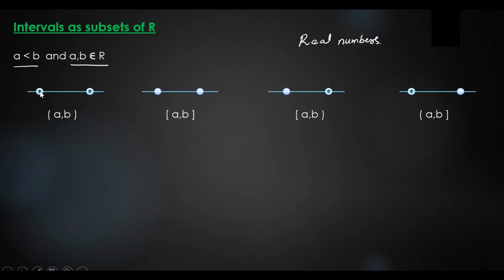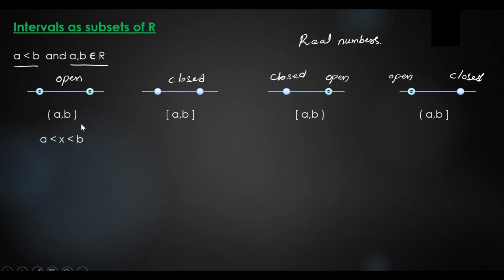And the first one is the open interval, so both sides we are having open. It is a closed interval, and here one side closed and this side open. Here open and this one closed. Okay. So we denote like this.